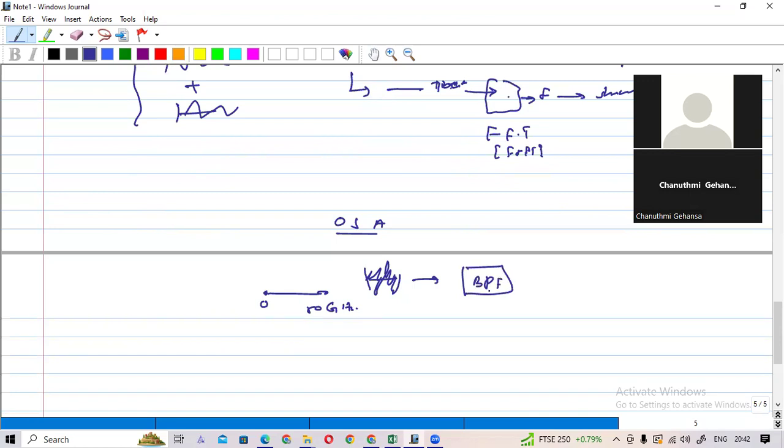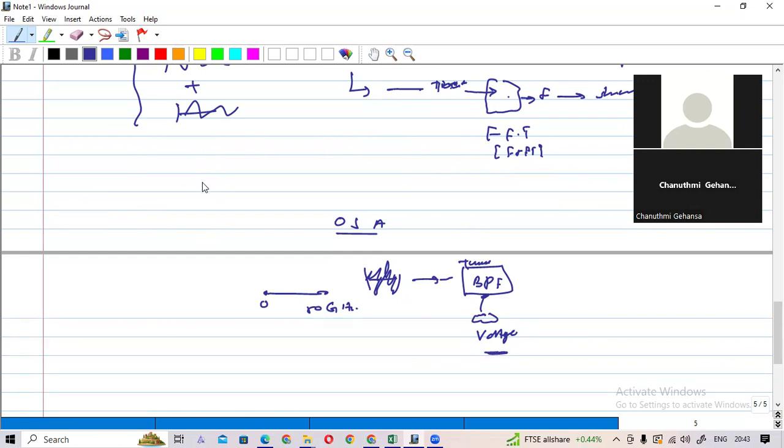A band pass filter passes only the intended band. So this will be a tunable band pass filter. It can be tuned by giving a voltage, or maybe another method. The voltage is the very easy one.